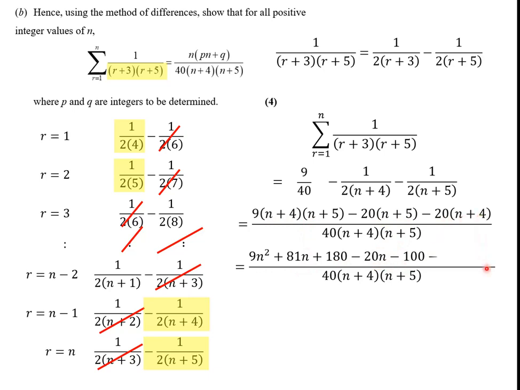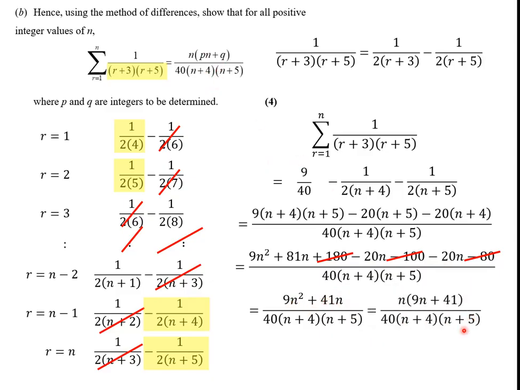This one gives me 20n minus 80, and I've got 180 minus 100 minus 80. Constant terms cancel. So I've got 9n squared, and then I've got 81n minus 20n, so plus 41n on the top. And I want it in that form, so I'll take an n out as a factor on the top line and write it like that.